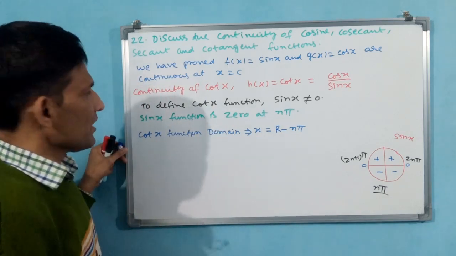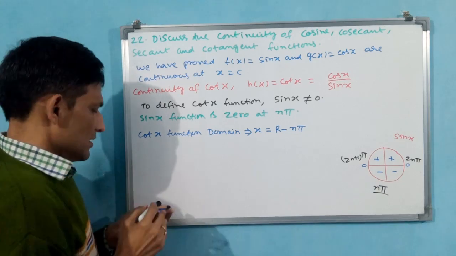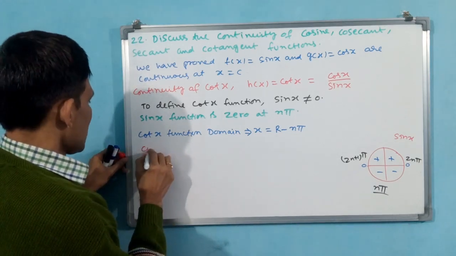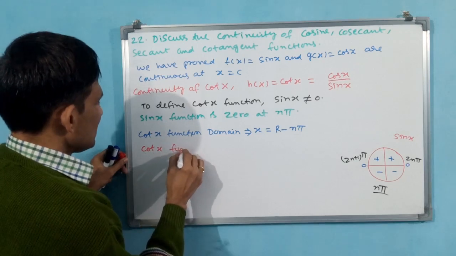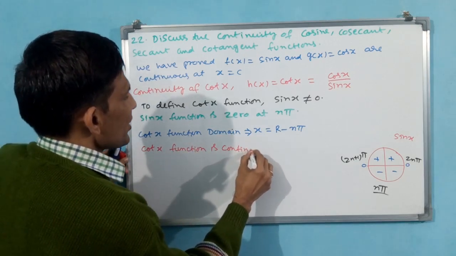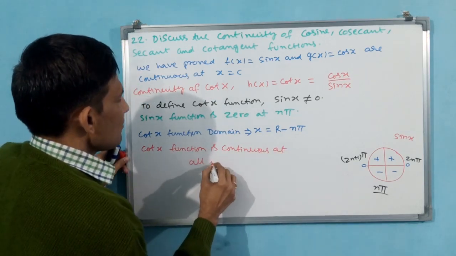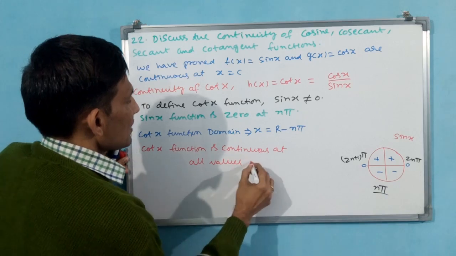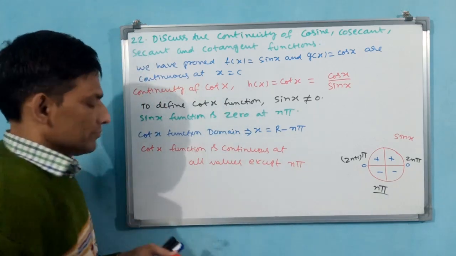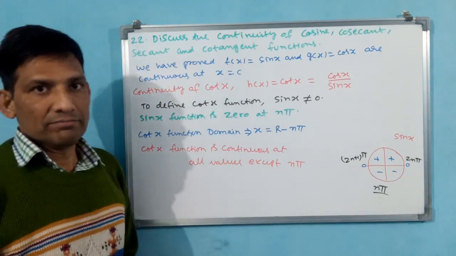That means you write down finally: the cot x function is continuous at all values except n pi. At n pi it is not continuous.